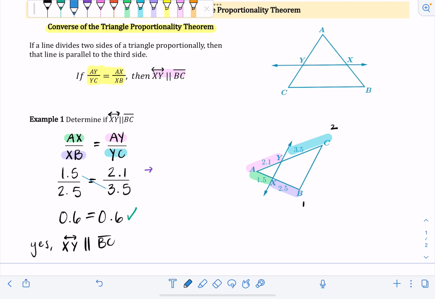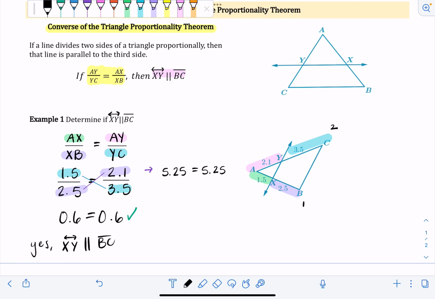So if I take 3.5 and multiply it by 1.5, 3.5 times 1.5 is 5.25. And then we should get the same cross product from the other pair. 2.5 times 2.1 is 5.25 as well.